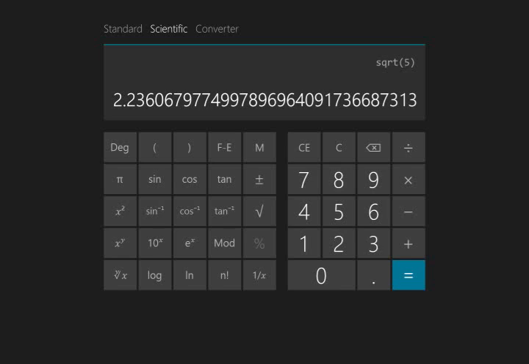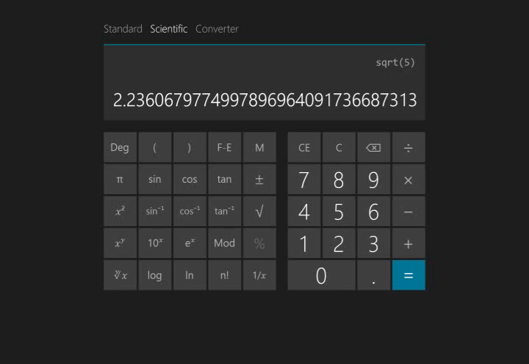That goes out 31 digits, and that's not the end of it. It just keeps going. We do not have enough screen time to figure out what that actually is.